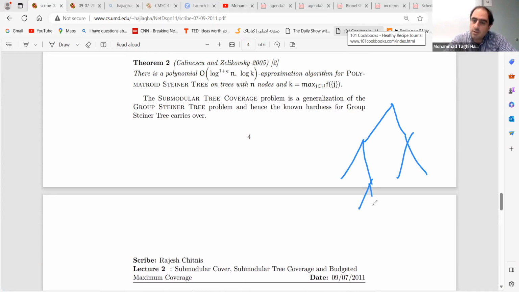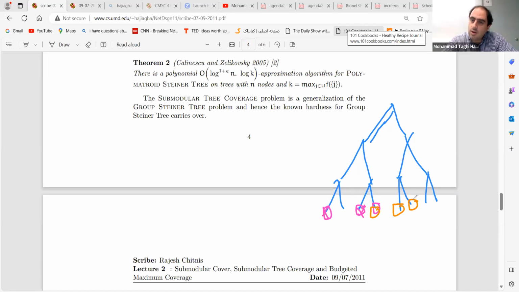So the group Steiner tree on a tree is what? So you want to find a subset of this tree such that each of them, again, let me just draw it. So this terminal set is this, for example. So this is one terminal set. The other one would be another terminal set, and so on and so forth.